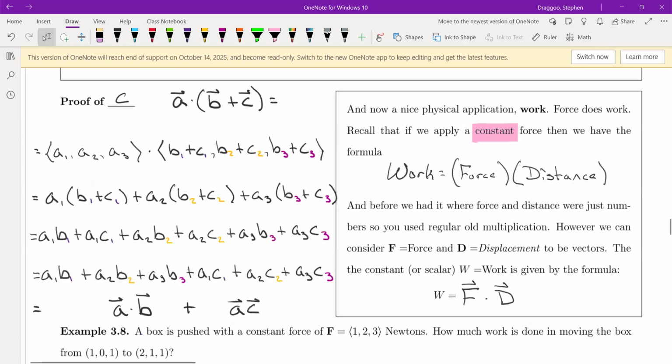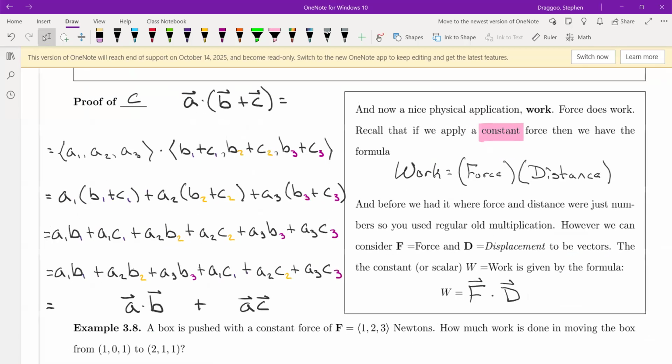But to look at a rough outline of the proof for how that distributive property works, I just brute force it until it worked. So I know I can add two vectors together. B plus C is going to be B1 plus C1, B2 plus C2, B3 plus C3. And then I tried to collect my terms as best as I could.